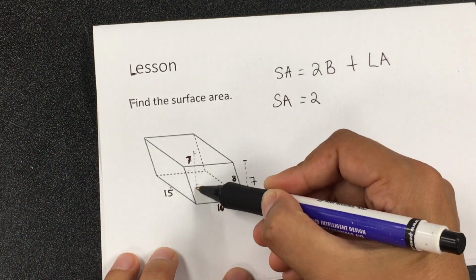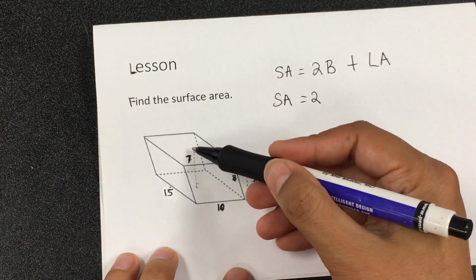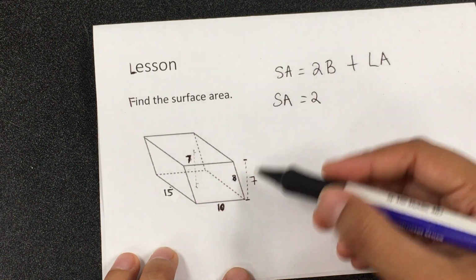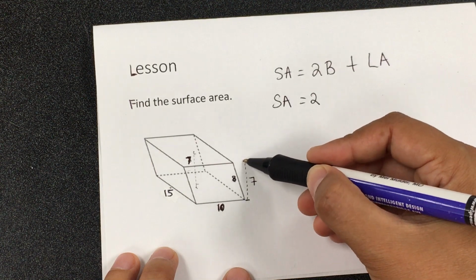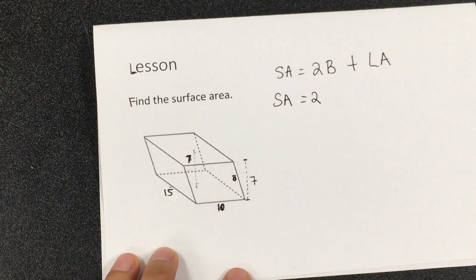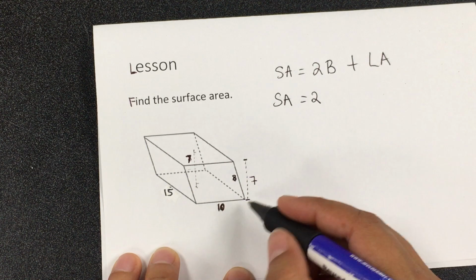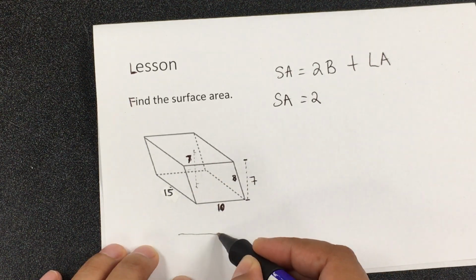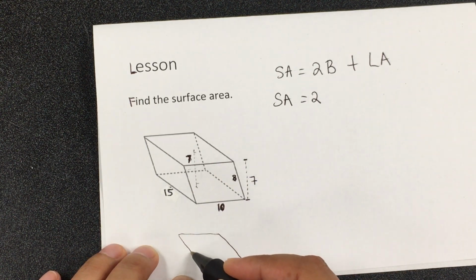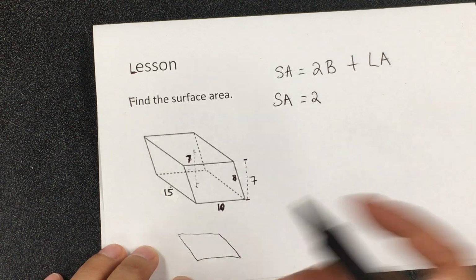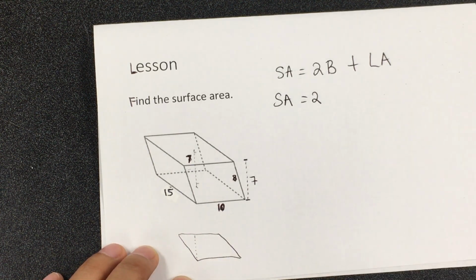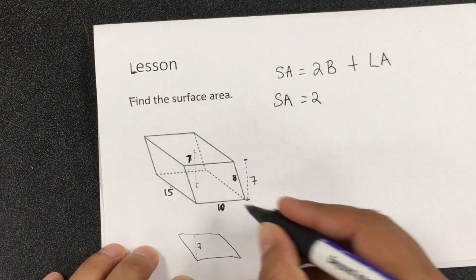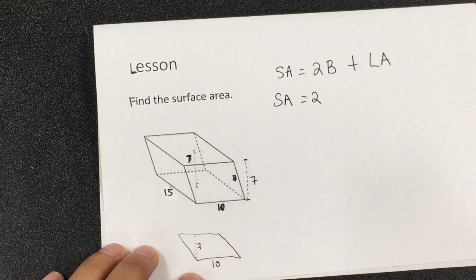It's from the bottom of the side to the top of the other side, which is the same as from here to here, okay? So that measurement is 7. And so usually, if you want to take it apart, this is how it would look. I know I tilted it a little bit more, but sometimes they have that measurement in here, and that wouldn't be as confusing. So that's 7, the base is 10.